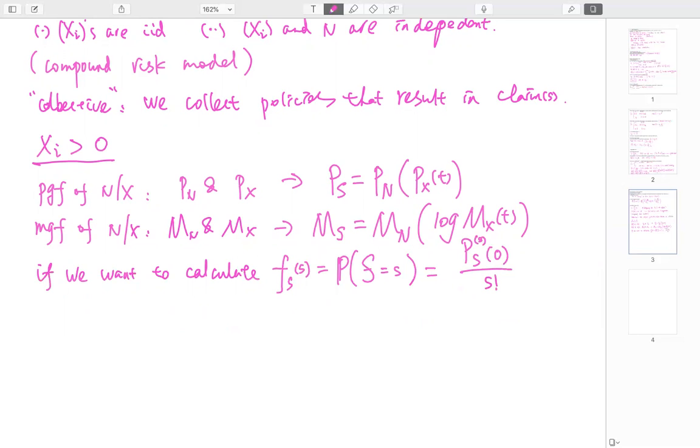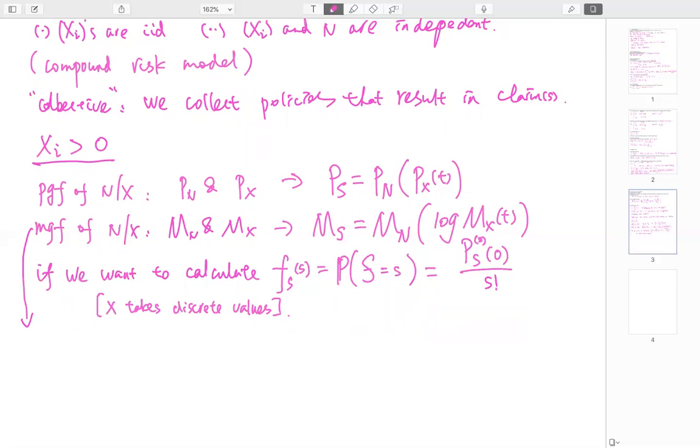That is a useful formula if you want to compute the probability of your aggregate. Again, in this case, we need to assume X takes discrete values, right? Otherwise, the definition of PGF falls down, right? We only have probability generating function when the random variable in consideration takes discrete values, right? So when you have continuous, you study the MGF.